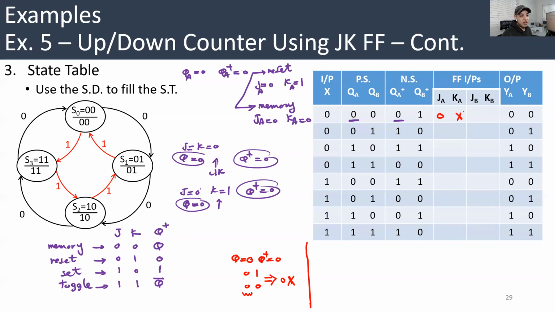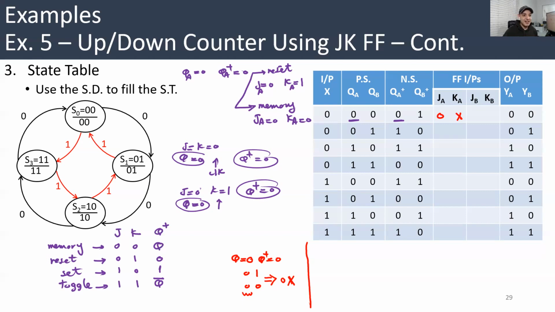One may say, what if I put 0, 1 or 0, 0? Will the design give an incorrect result? No, my friend, it will still be correct, but it's not guaranteed to be optimal. Why? Because remember, the next step after filling the state table is to do the Karnaugh map to get JA, KA, JB, KB. And the more don't cares you have in your Karnaugh map, the more the groups can be formed.